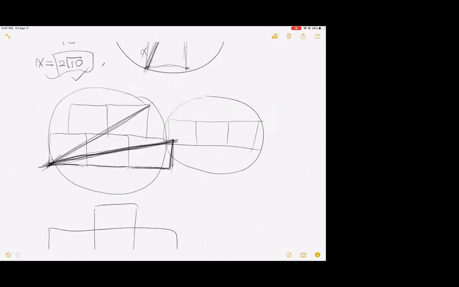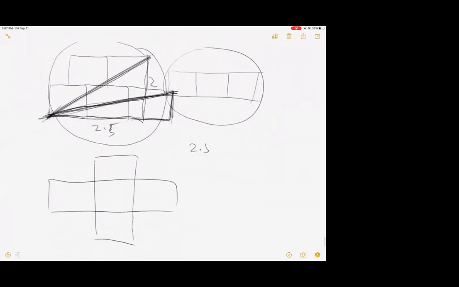This is 2, this is 2.5, 2.5, this is 2. 2.5 squared plus 2 squared is actually greater than the square root of 10. Well, this one is square root of 10. This side is longer than this one. So this is square root of 10. This is square root of 10.25.